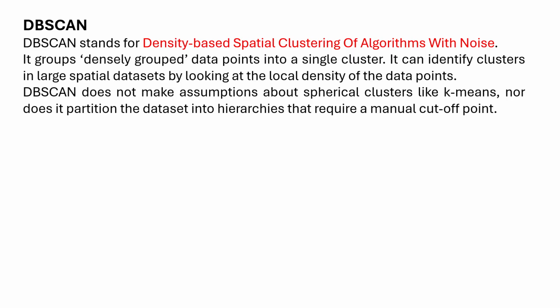It also differs from hierarchical clustering because it does not build a hierarchy that requires a manual cutoff point. Another important advantage is that the method is robust to outliers, which can be identified automatically as noise.